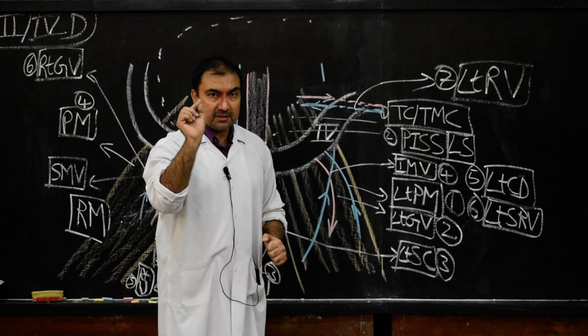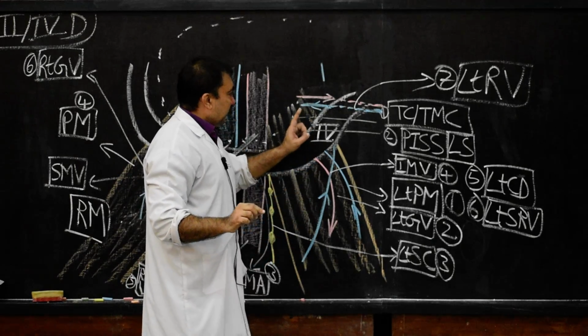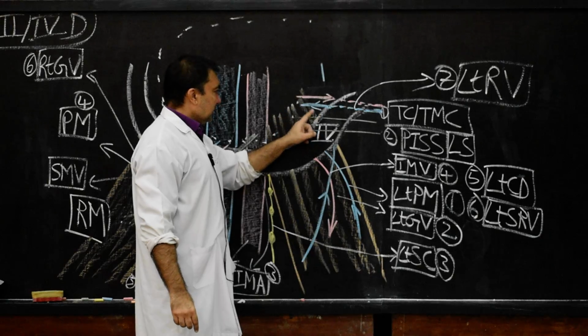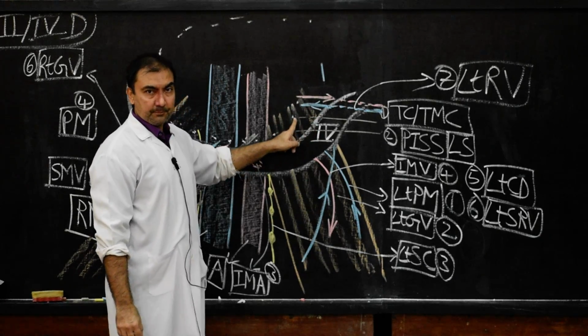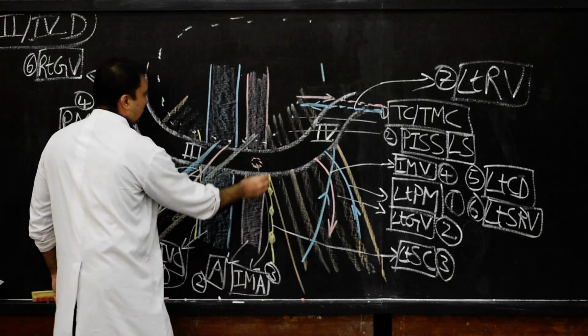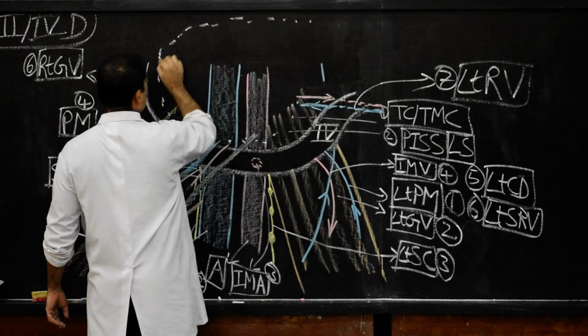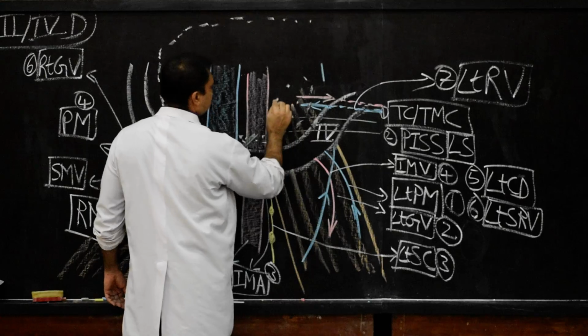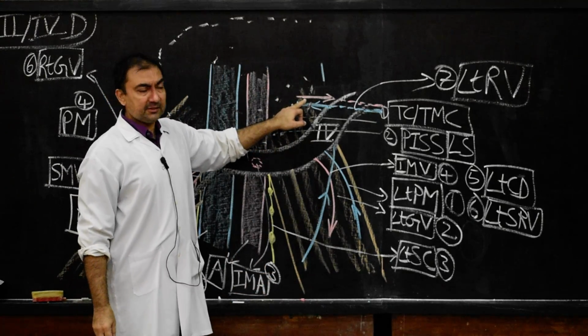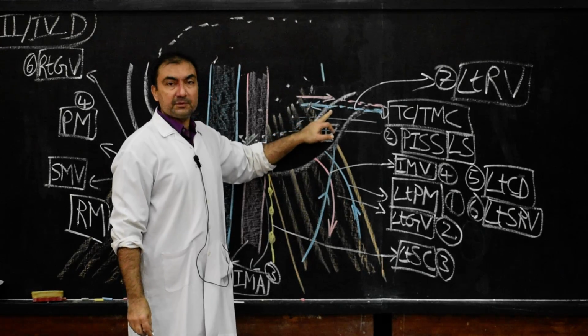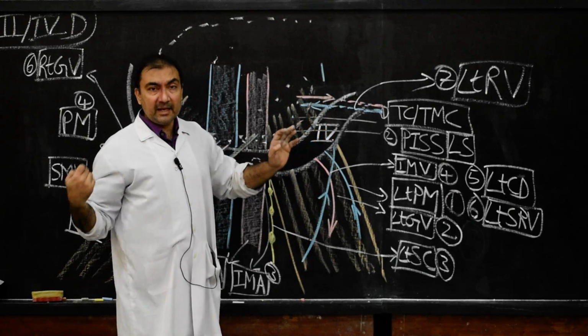And now, one more structure. Which structure is related to the medial side of the fourth part of duodenum, where my hand is? If I draw in this outline, you will understand. This is the head of pancreas, and this will become the uncinate process. So the uncinate process of pancreas will lie medial to the fourth part, or rather right side.